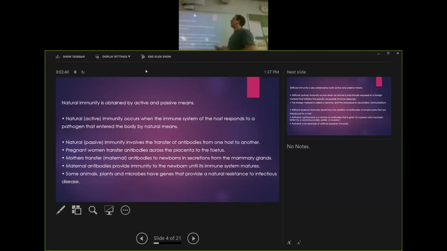So yeah, if we think about natural active immunity, that's where our body develops its own immune response to a pathogen. It's the standard way we get infected and we create our own immune response. Natural passive immunity, you have to remember, when we undergo an immune response, we have some sort of pathogen which infects us.